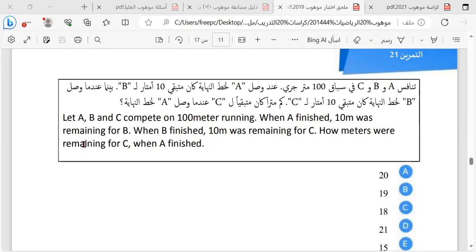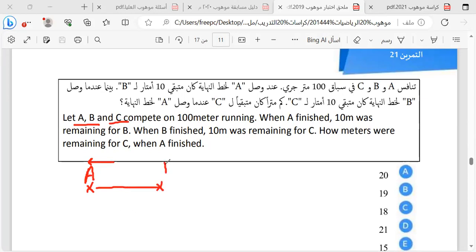Right. The questions will be in the exam like this. Look here, my student. Say, oh, this is easy. Let A, B, and C run 100 meters. Now A arrives at the end.